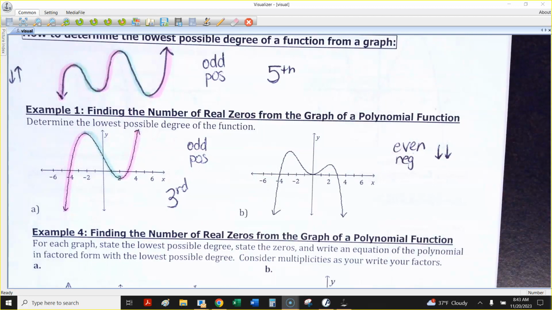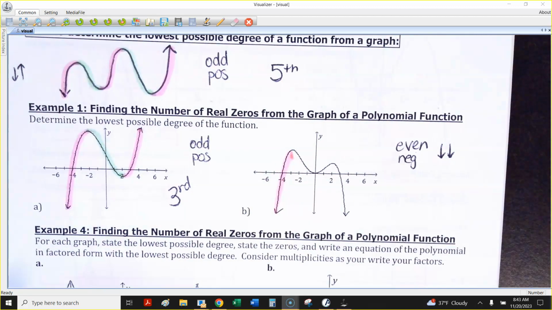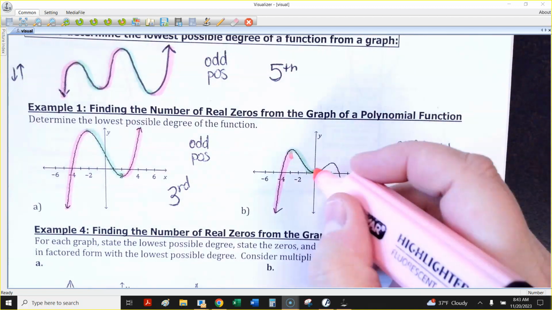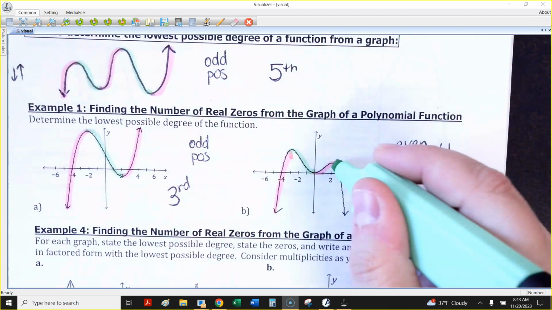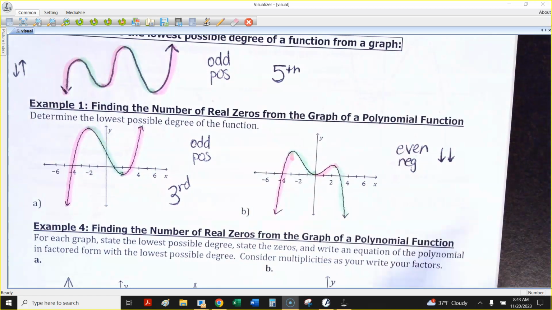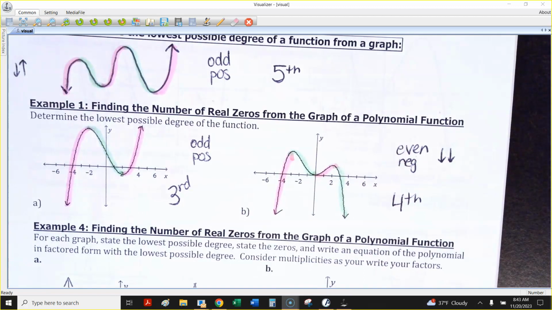Here I'm increasing, and then I am decreasing, and then I'm bouncing here, increasing for a little bit, and then decreasing. So it's 1, 2, 3, 4. The lowest possible degree there would be a 4th, so x to the 4th. Is anybody having a question about how to determine that?